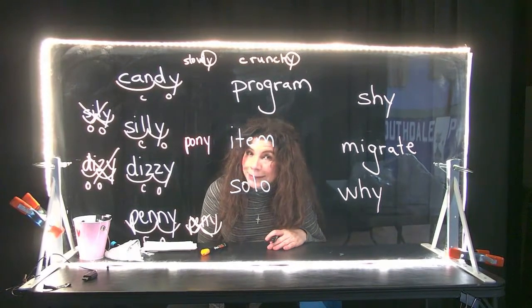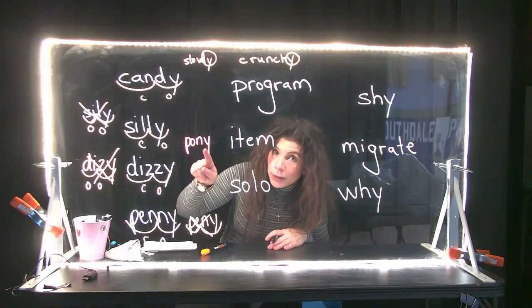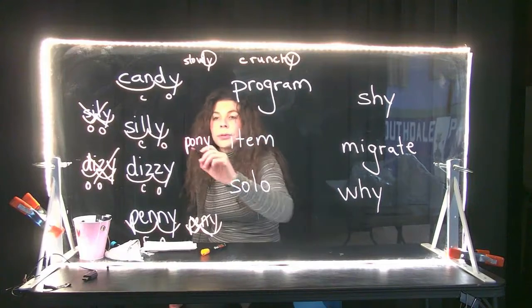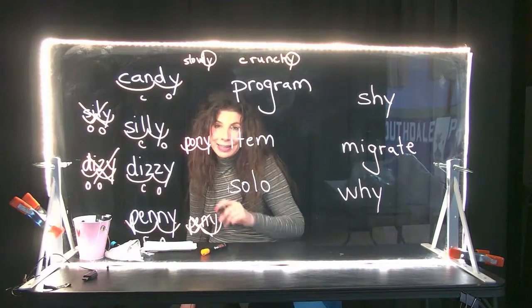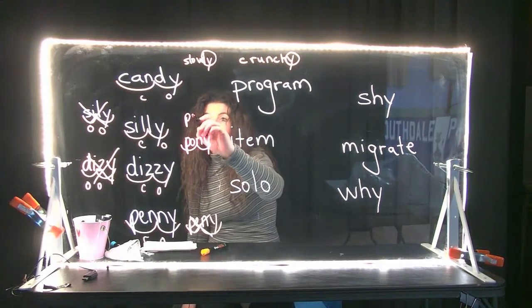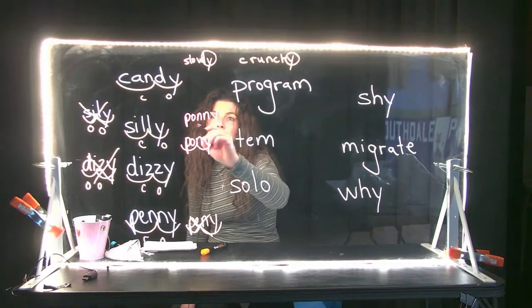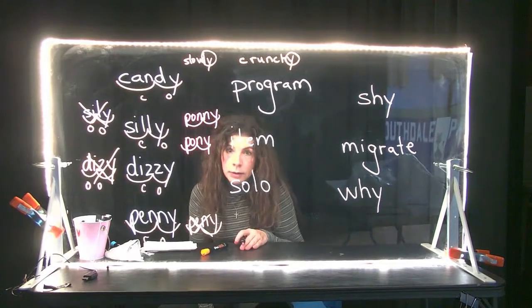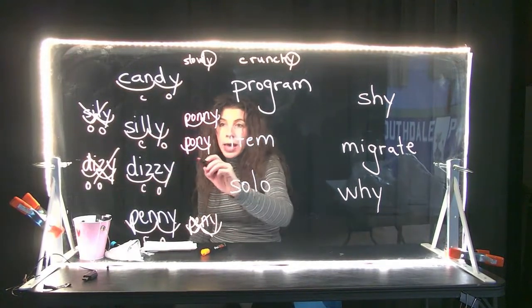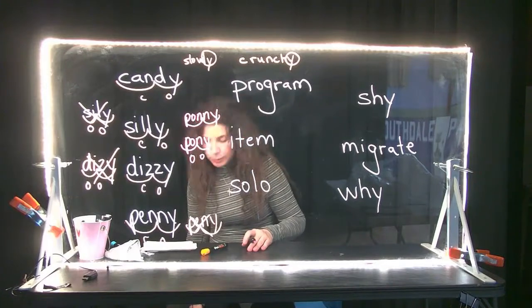What is that word? In this word, it is two open syllables. Pony. Because if I put two N's, it would not be pony, it would be ponny. Okay, so just think about that. Pony is two open syllables.